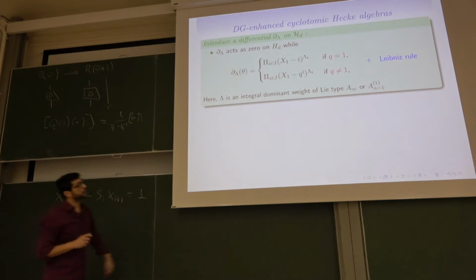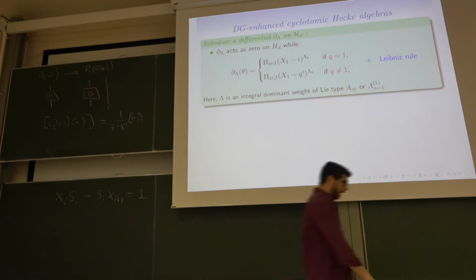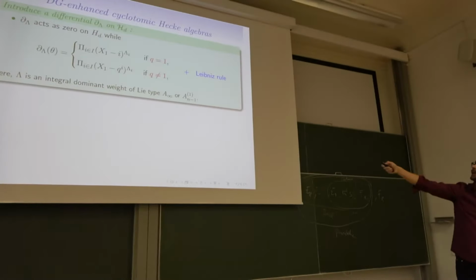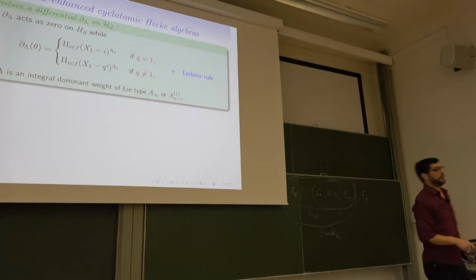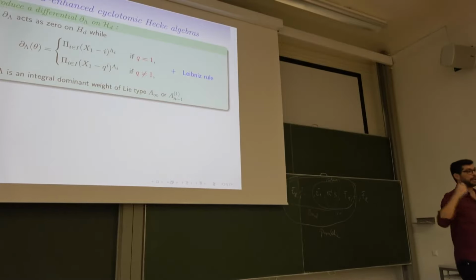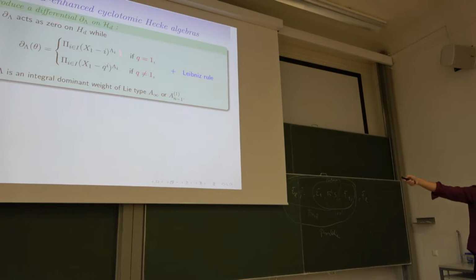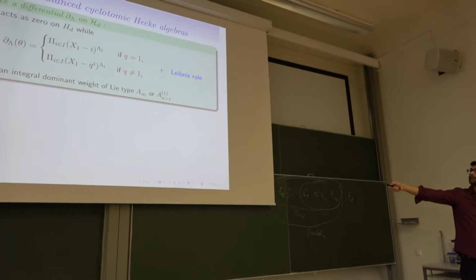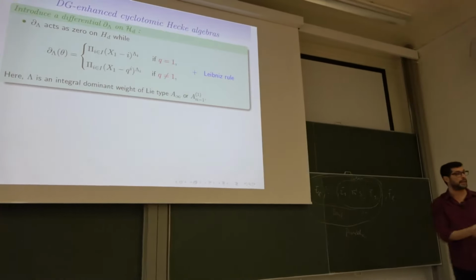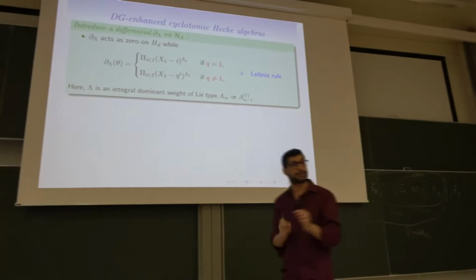Okay, now introduce a differential. We have two formulas, one for degenerate affine Hecke, another one for affine Hecke. Send everything to 0 as before, and this new generator is sent either to this polynomial, where lambda_i is an integral dominant weight of Lie type A infinity, or to this one, where lambda is of affine type, so cyclic.